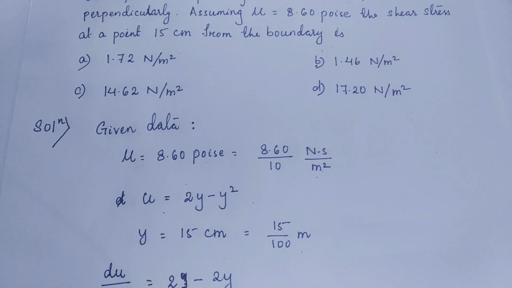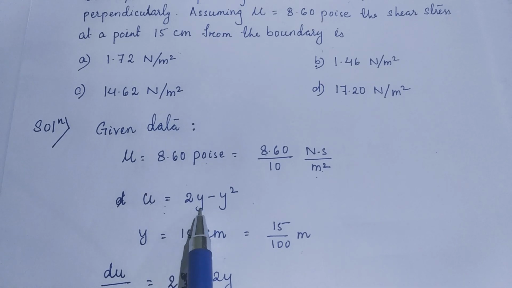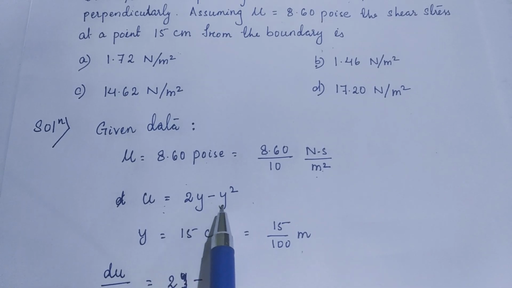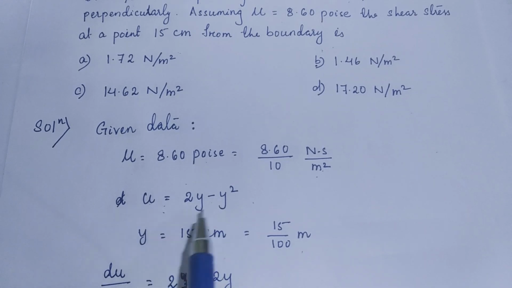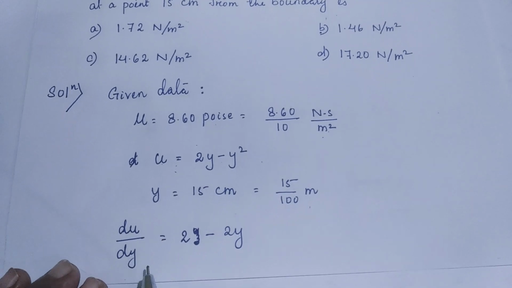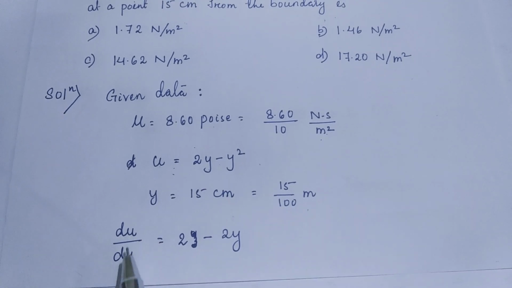So in this question, what we have to find is the shear stress. For that, we use the relation tau equal to mu du by dy. So for that, we need to differentiate the equation u equal to 2y minus y square with respect to y. After differentiation, the expression will be du by dy equal to 2 minus 2y.